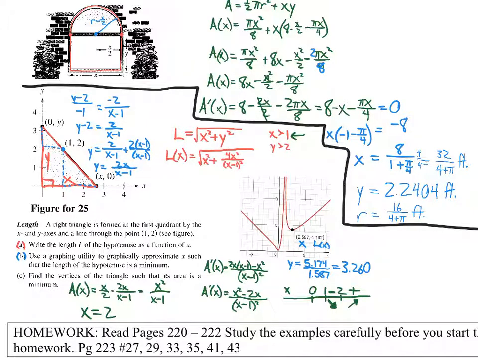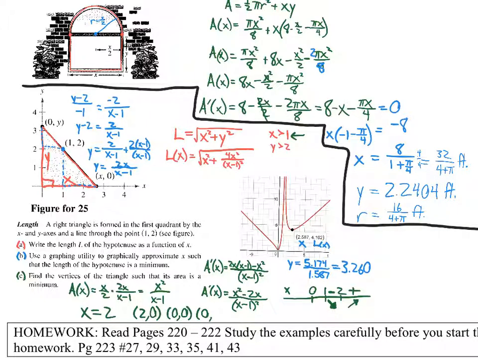So that means the vertices of the triangle, don't forget to answer the question, x is 2, so that means we have the point 2, 0. Of course, 0, 0 is where the right angle is, don't forget that vertex. And then we have 0, y.